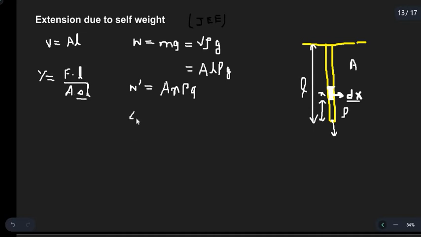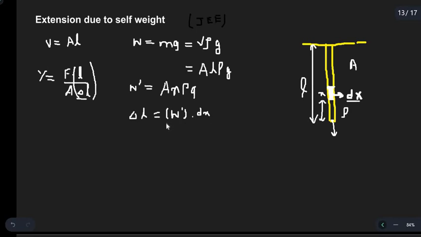So let's write del L is equal to, replacing F by W dash, W dash into L upon... You are finding the strain for this very small part, so this L is nothing but this length dx.